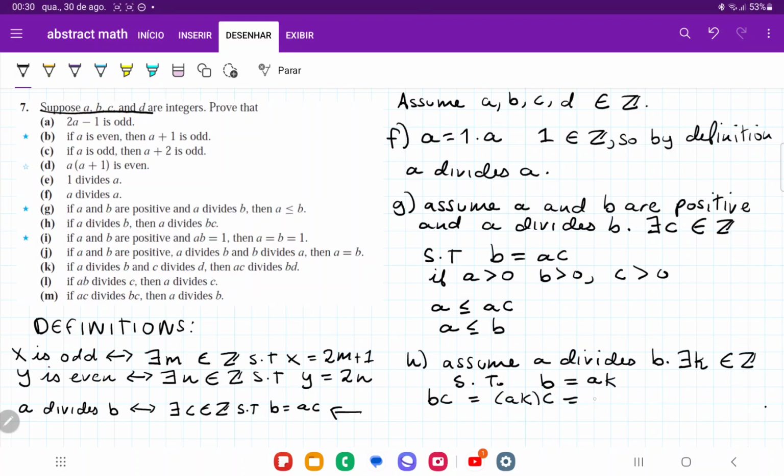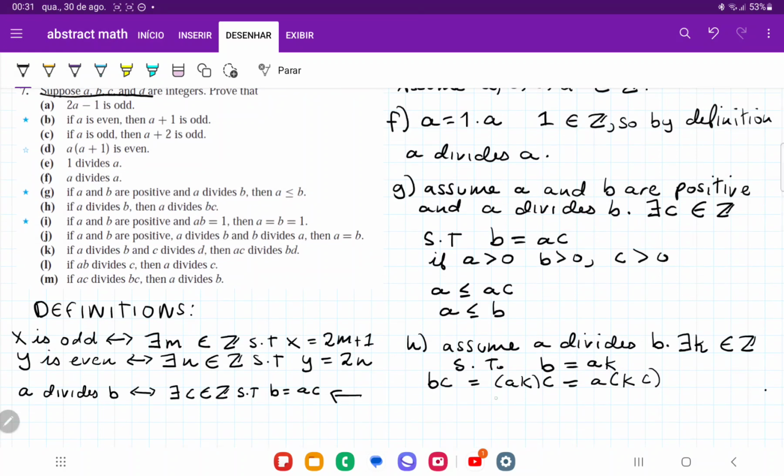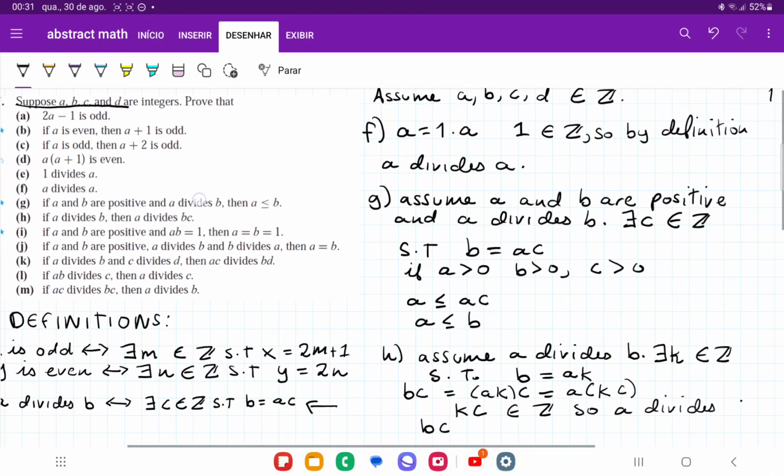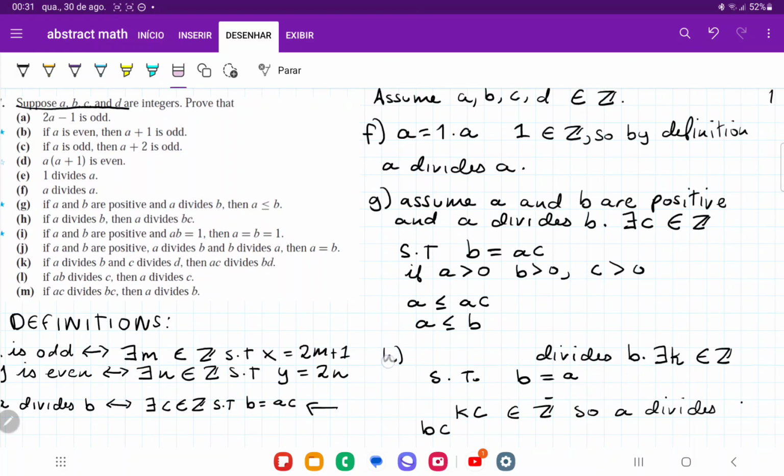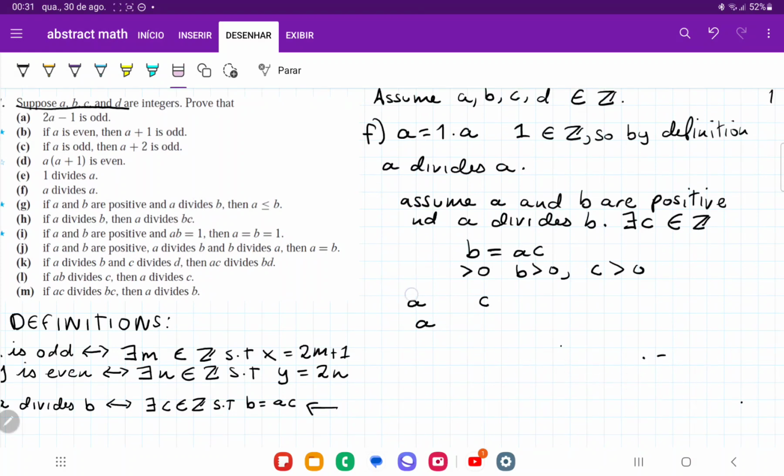Which is equal to, let's see, A goes outside, and that is KC. And so we have shown here that, and actually we're going to say that KC belongs to the set of integers, so A divides BC. Let me see if that is right. Yeah, that is right. So that is it for item H, and we are almost done. Let me erase all of this.